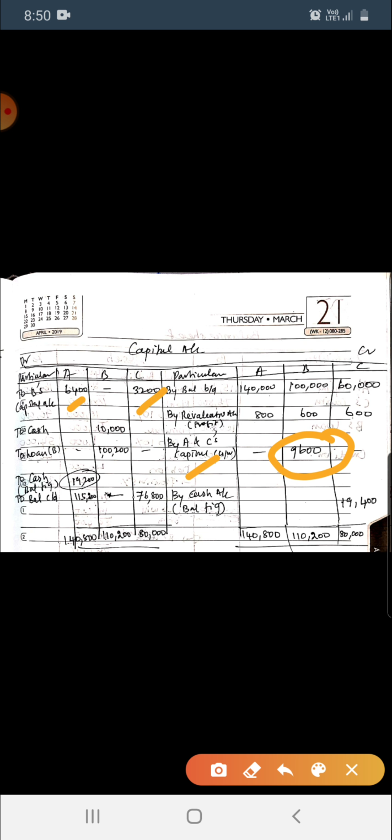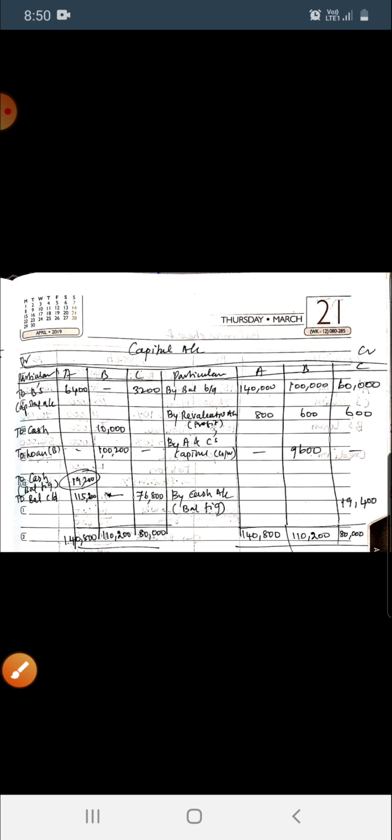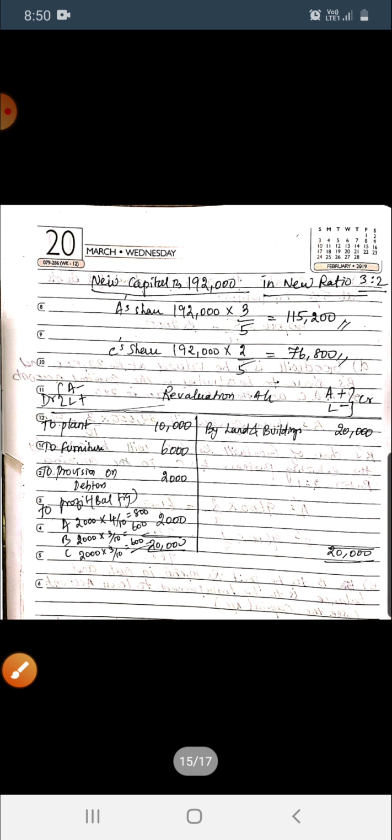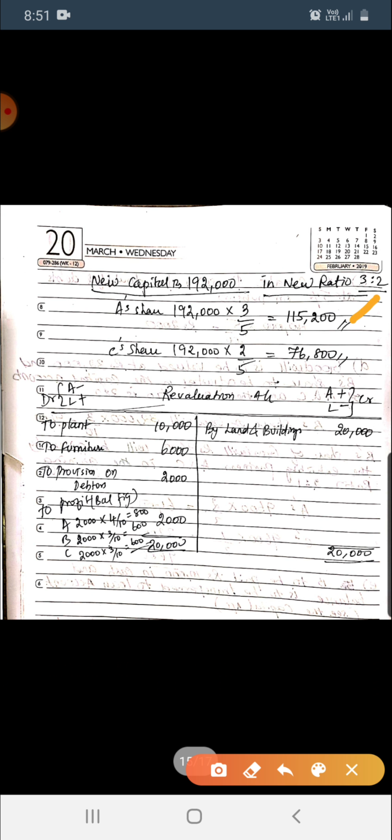So after that, the cash to be paid, 10,000 for the retiring partner immediately, so we'll record 10,000 here to cash, and then the new capital which we have calculated for A and C will be recorded: 1,15,200 and 76,800. That calculation I'll show here. I have already shown this calculation.